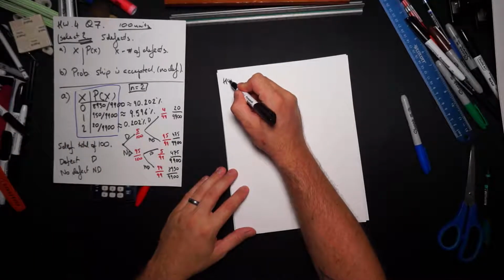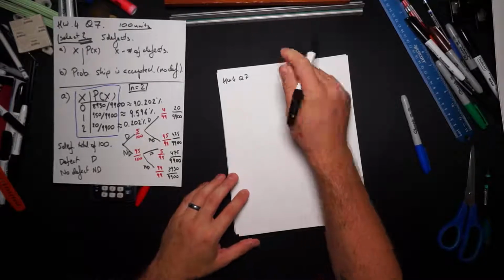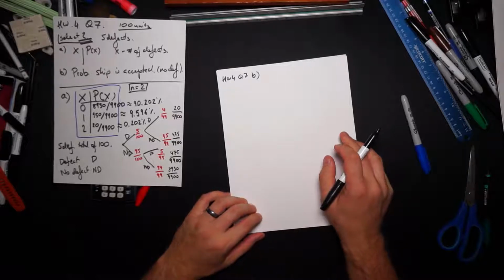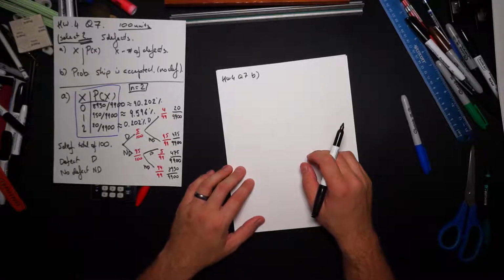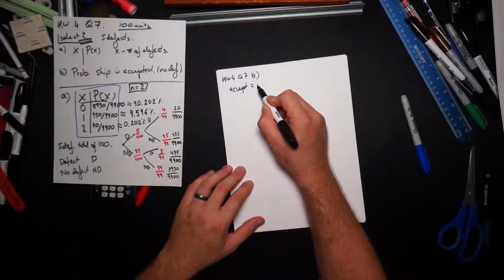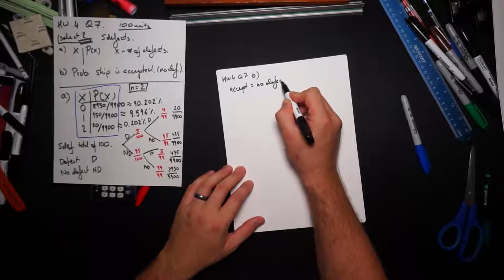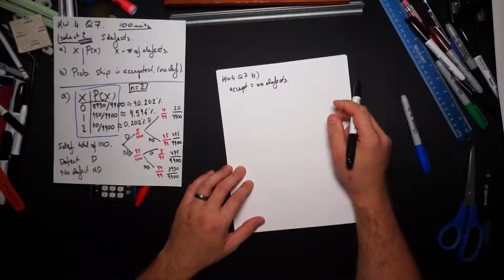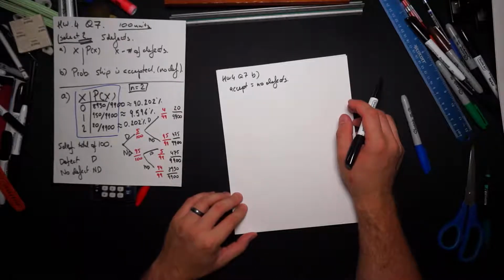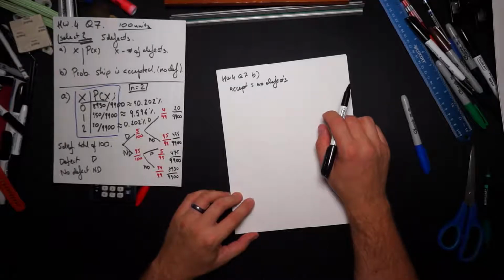So homework 4, question 7, part B. Part B, probability shipment is accepted. What does accepted mean? Right, accept means no defects. It says if either one of the units is defective, the shipment is rejected.